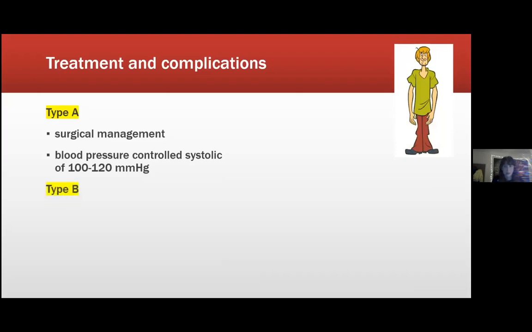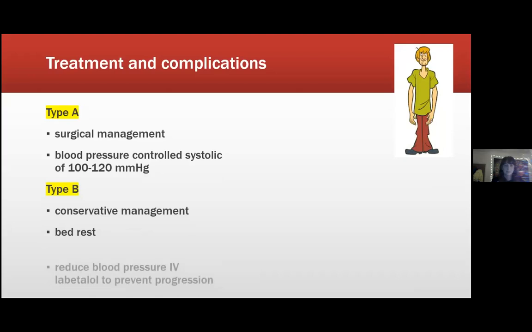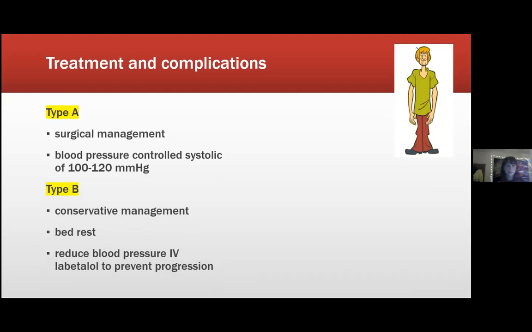And type B, does anyone have any idea what the management might be? Yeah, so it's often conservative medical management. So bed rest, and you can give IV labetalol to prevent progression by reducing the blood pressure. There is some thought that keyhole surgery might also be good for type B, but at the moment, normal treatment would just be conservative medical treatment.